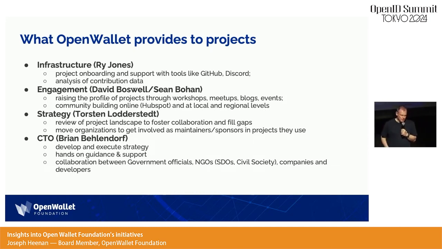And then the brand new news from the start of this month is that we've now appointed a CTO into OpenWallet Foundation, somebody called Brian Behlendorf. I guess some of you may not have heard of him, but you've probably all heard of the web server project called Apache, that a good percentage of web servers on the internet run, and it was Brian essentially that was one of the real driving forces behind that Apache project.